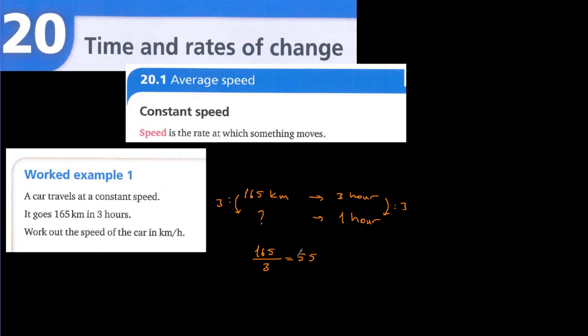This 55 represents kilometer per hour. In 1 hour, it went 55 kilometers, and the unit for that is kilometer per hour.